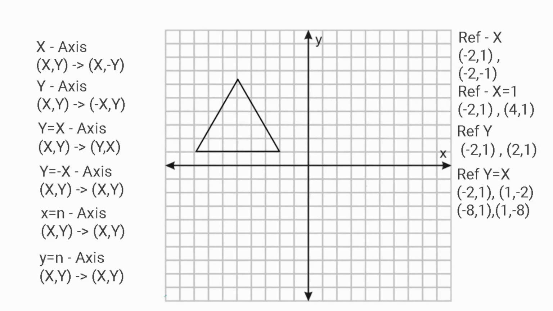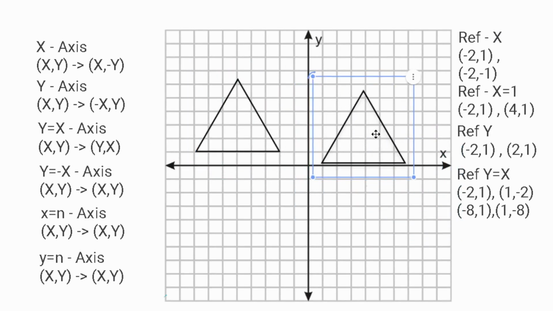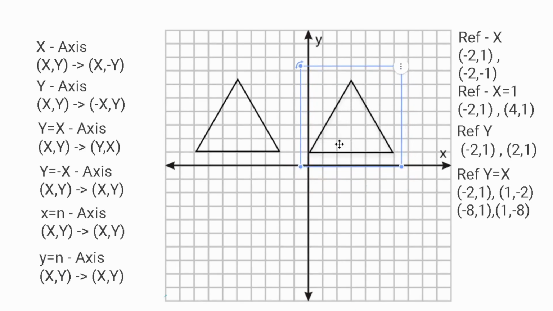Alright, so let's think about this one logically. So if we had the same thing, but instead it's just over this axis, because that's what this is, this inversion of that function. So if there's a point right here, we would have a point right here.